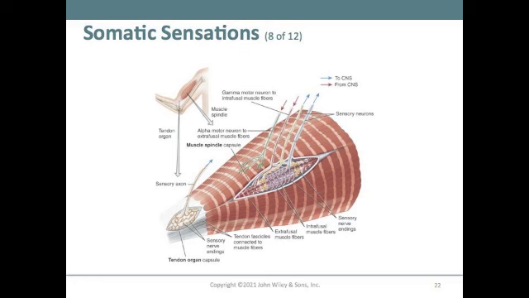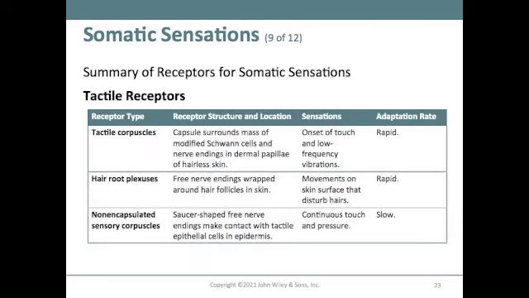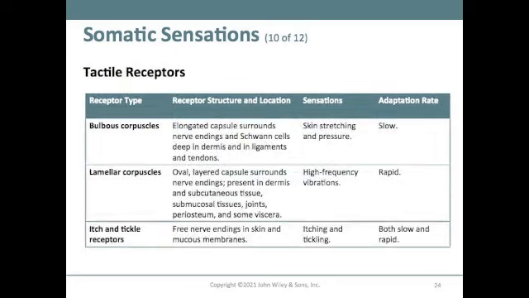And that brings us to table 16.2 on page 579, and this summarizes the receptors for the somatic sensations. Please review this table on your own time. This next slide, labeled tactile receptors, is also part of the same table and same page.